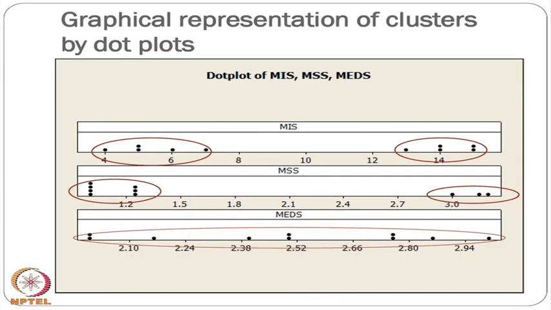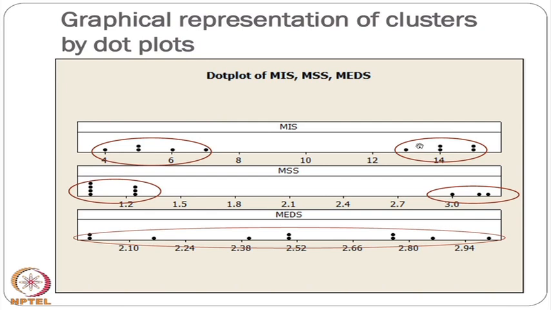Immediately, what you can do with the data as a safety manager, your aim is to see individually the data. This is what is shown here, dot plots. So, we have done dot plot for mean incidence score, mean severity score and mean equipment damage score. Now, see, from mean incidence score point of view, if you see this dot plot, what are you finding out? You are finding out two clusters, because some are extremely left side, some are extremely right side.